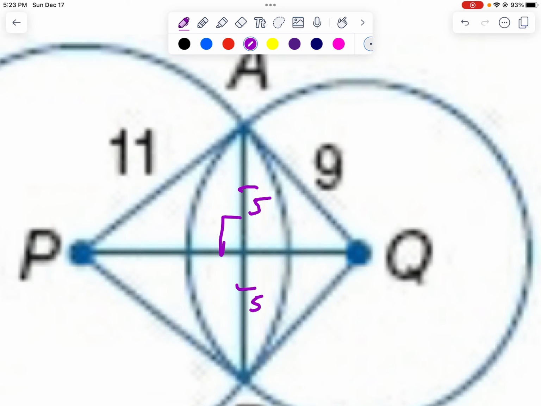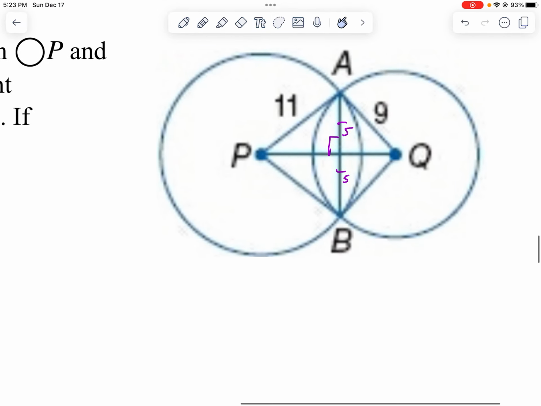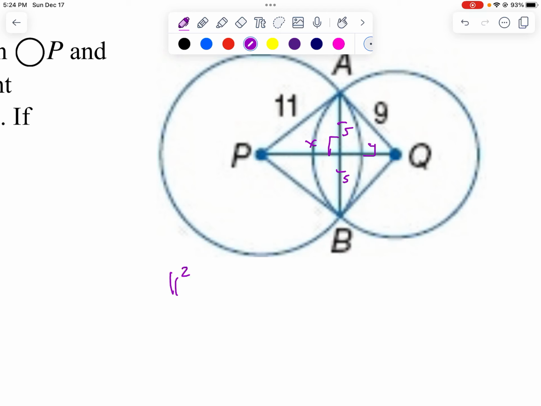So then, let me guess, are we supposed to find P to Q? Yes, we are. So now I'm going to call the distance from P to the chord X and the distance from Q to the chord Y. So in other words, 11 squared equals 5 squared plus X squared, or 121 equals 25 plus X squared.